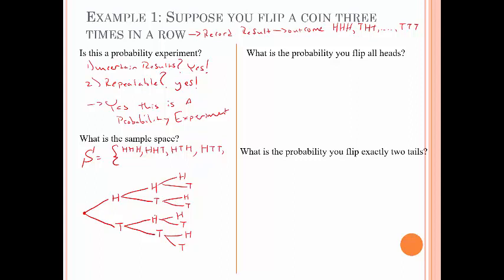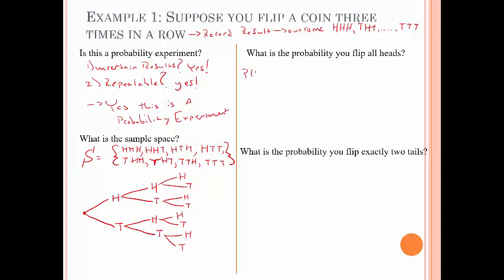Next, I could get tail, head, head. Tail, head, tail. Or tail, tail, head. And finally, tail, tail, tail. So there are 1, 2, 3, 4, 5, 6, 7, 8 possible outcomes for this experiment.